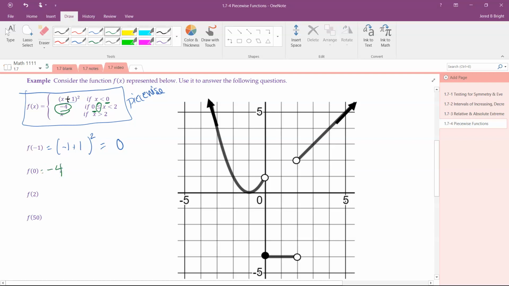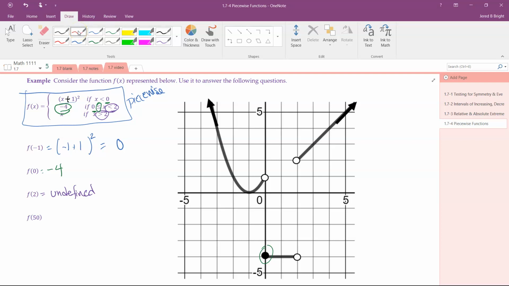Verifying with the graph, when x is 0, yep, I have -4. Now f of 2. Again, I have to figure out which piece I'm going to use. Oh, wait, 2 isn't defined. So this one I would just say undefined. And we can check with our graph. Where's the closed dot at 2? There isn't one, so we can't go any further.